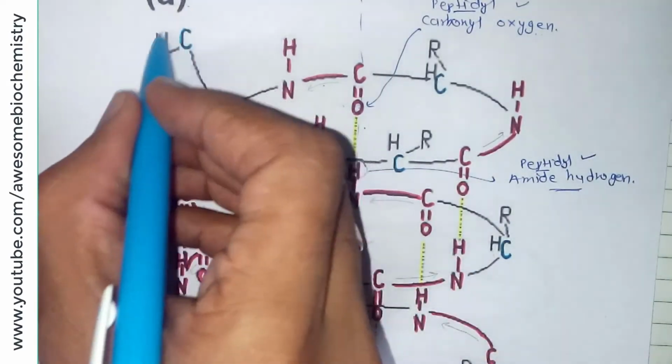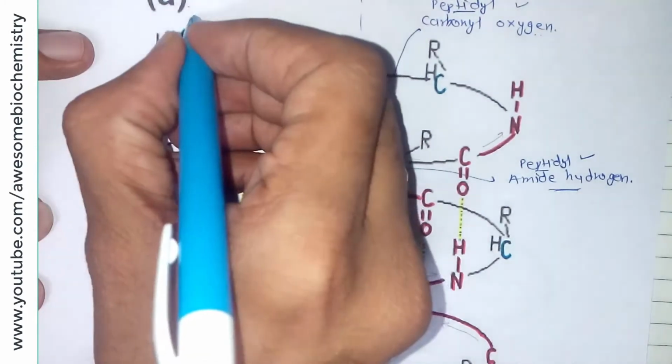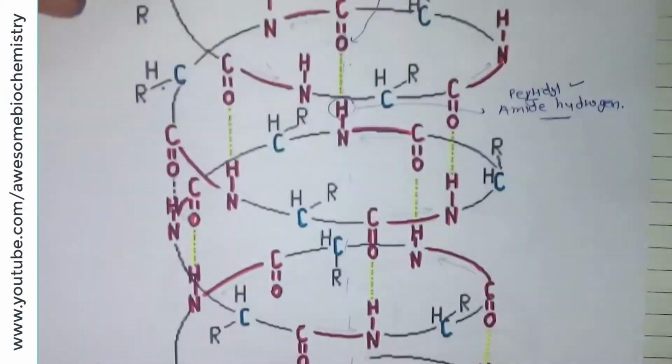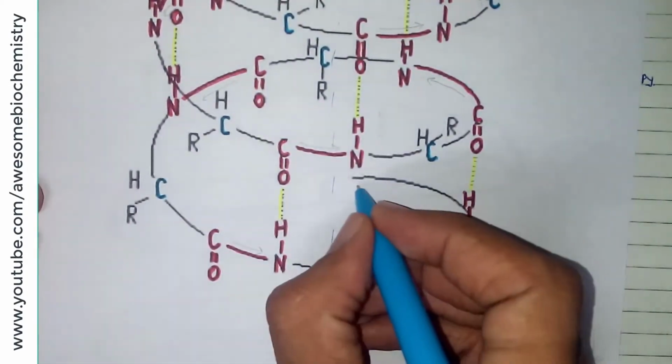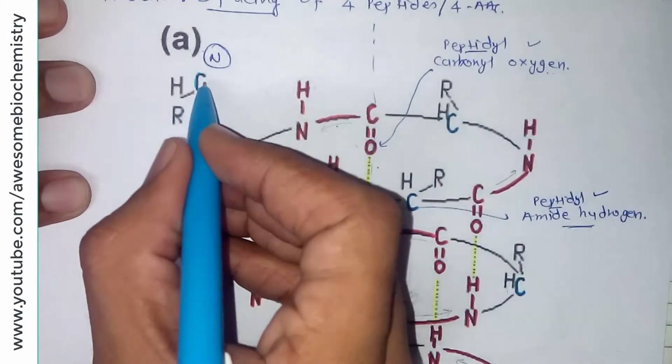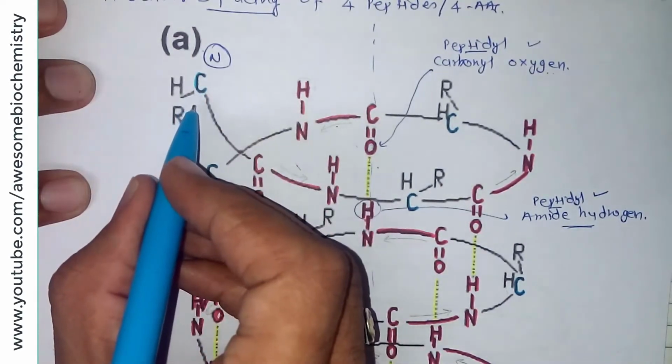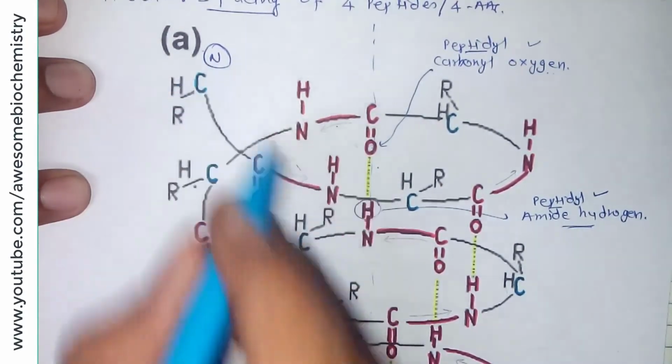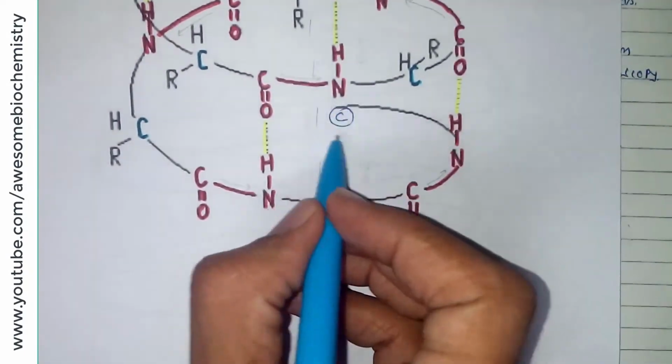Now, see, this is the starting of the peptide bond, right? This is the N terminal, whereas the lower part is the C terminal. As you can see, here all the amino acids are participating in hydrogen bond formation except for this first amino acid and this last amino acid.